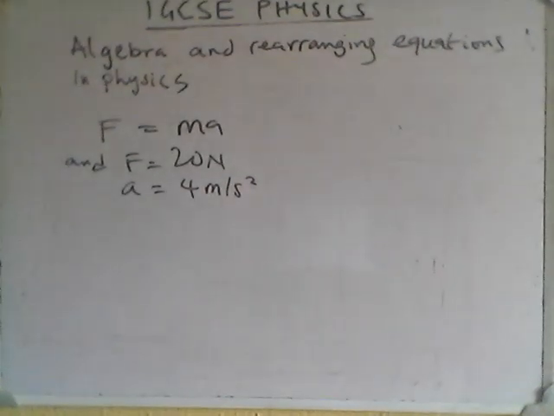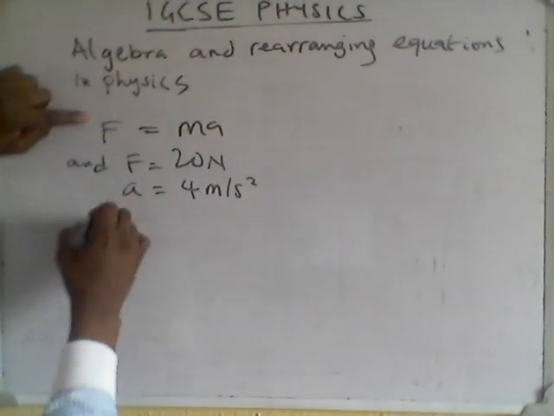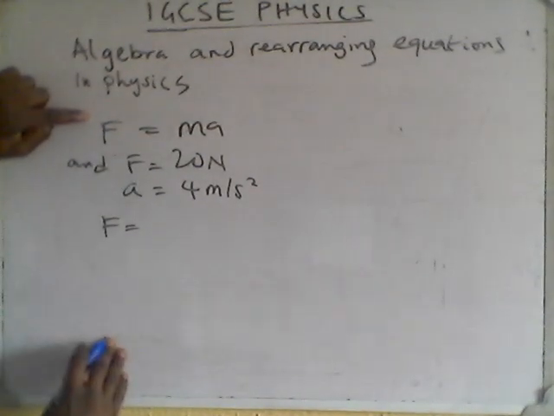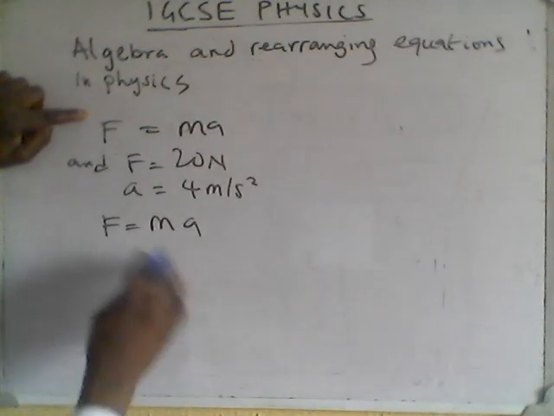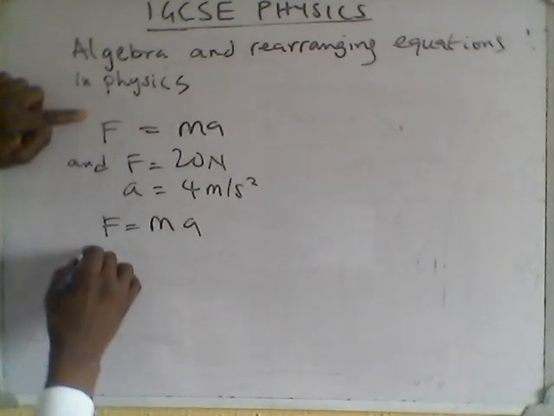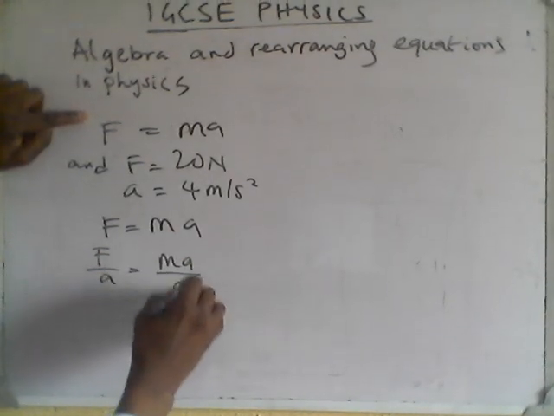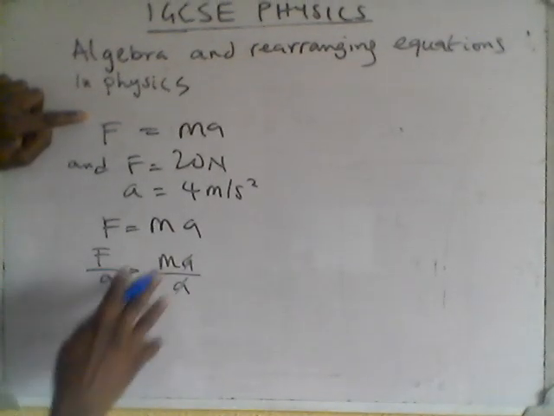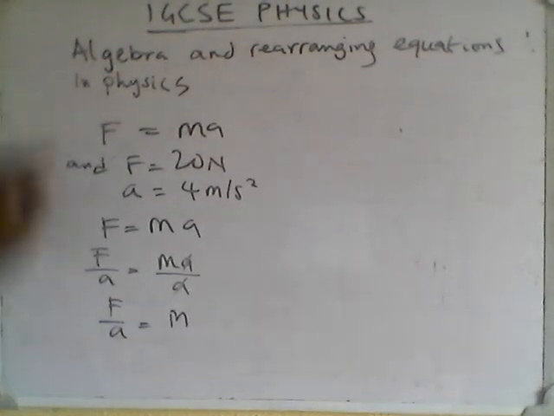So what is m? To find m, we're going to make m the subject of the formula. What that means is that we're going to divide both sides by a. You understand? So that m can stand alone. So F over a is equal to ma over a. So this cancels this. So m is now standing alone. F over a is equal to m.